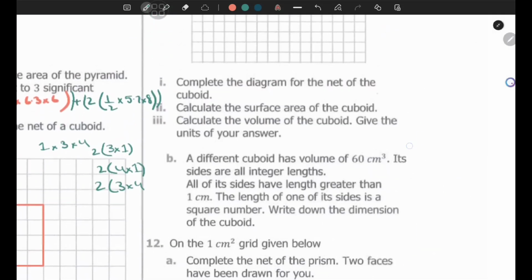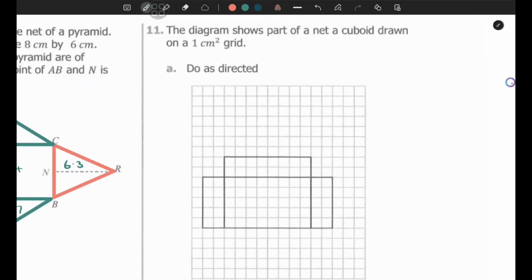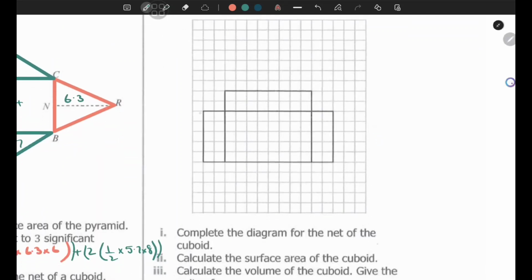Looking at question number 11 now. So this is a 1 centimeter square grid, so each of these boxes represents 1 centimeter squared. Okay, so we have 5 by 2, then we have 2 by 8, and then we have 8 by 5.